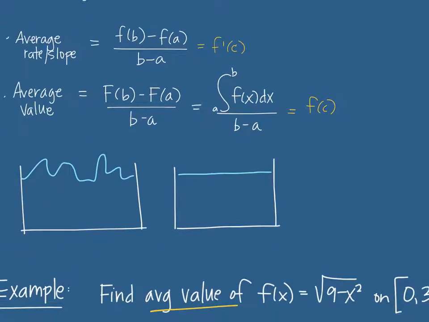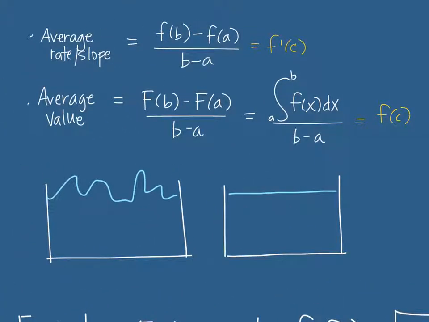Okay, visually what that means is that if I overlaid my level value, look how many times it's equivalent. It hits that function multiple times. And so what we're guaranteeing is that that will happen at least once.